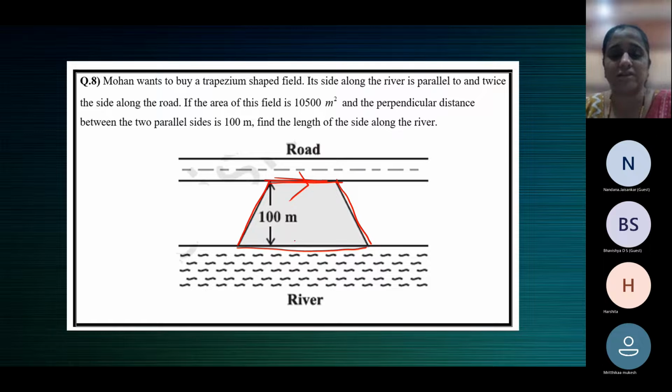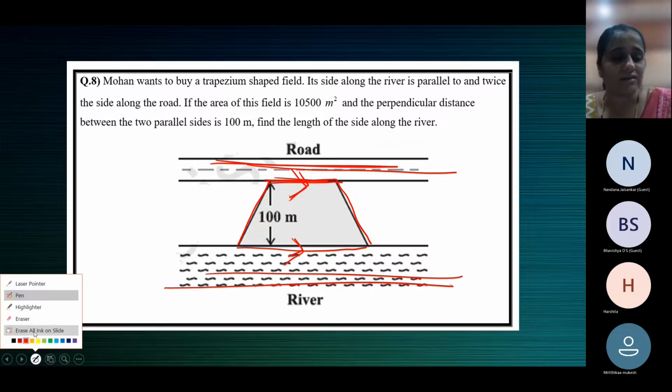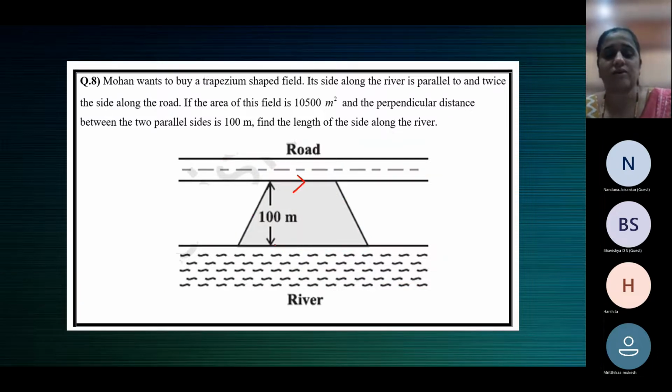These are the two parallel sides because it's given that one parallel side is along the road. This is the road. The other parallel side is along the river. So this is the river. One parallel side is along the road, so this one. The other is along the river, so this one. These are the two parallel sides.